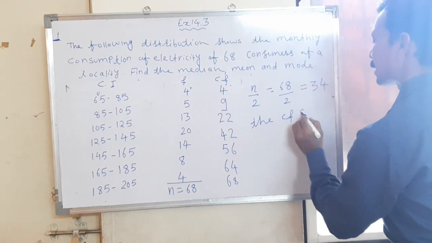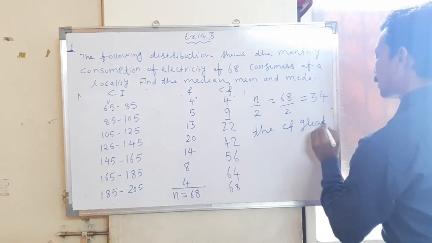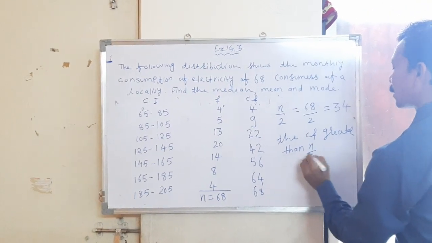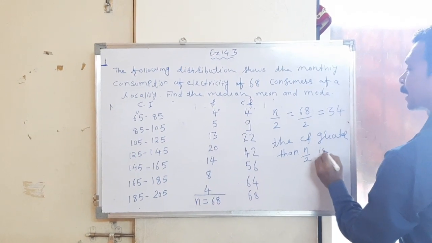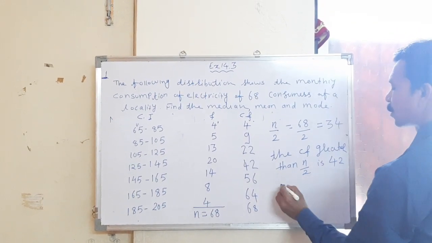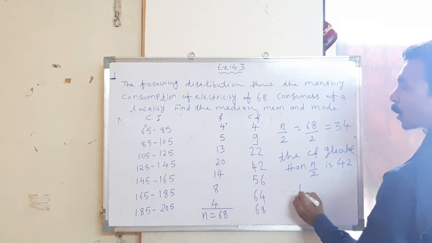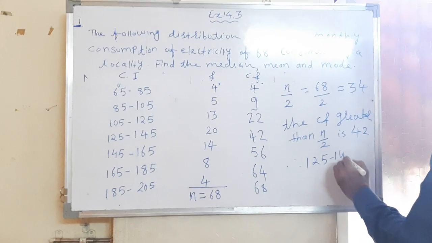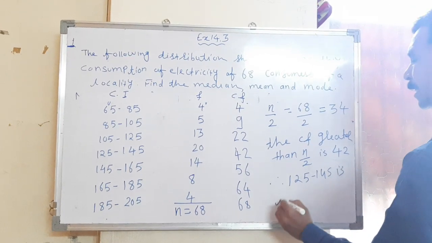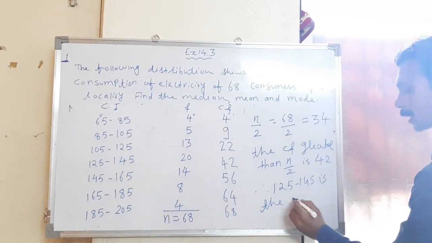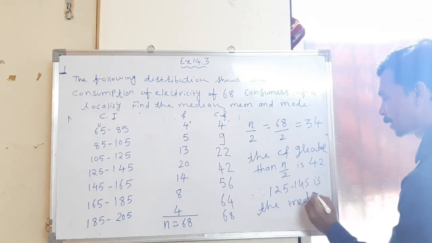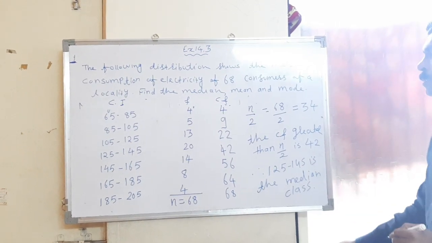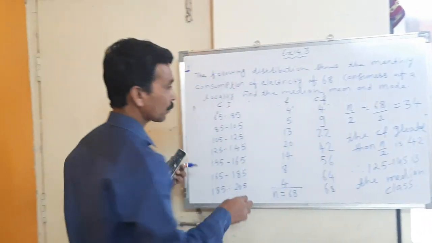This cumulative frequency greater than n by 2 is 42. Therefore, 125 to 145 is the median class. Okay?